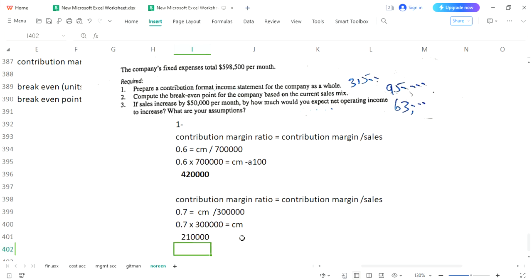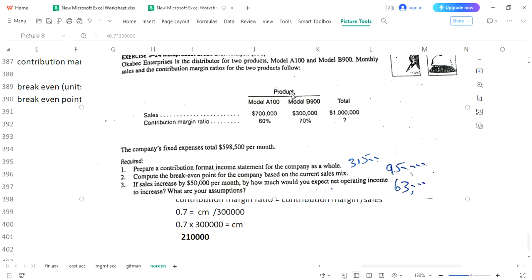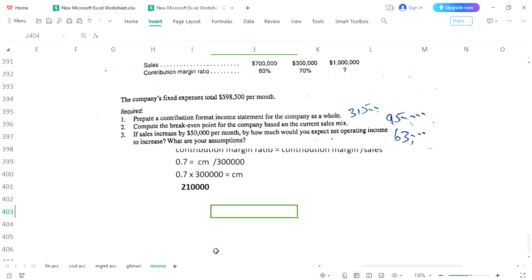Okay, so we have the second contribution margin calculated, and somebody should comment why we have calculated these two statements. As a whole break even, as a whole contribution margin income statement is needed. So here we have calculated contribution margin of first, contribution margin of second. We can now construct our format income statement.